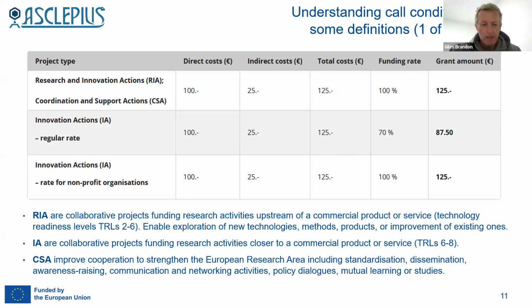Now, at the same time, it's important to understand how the different actions are funded. And here we go back to the table above. I'm looking at the second row, research innovation action, coordination support action. After that, there's a column that says direct costs, and it gives an example of 100 euros.